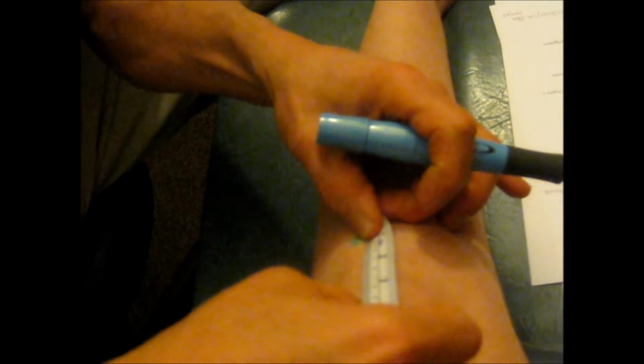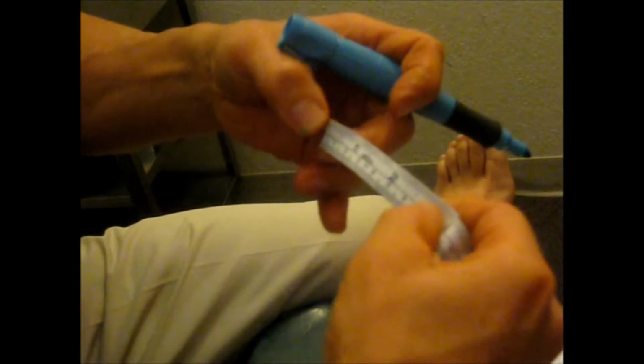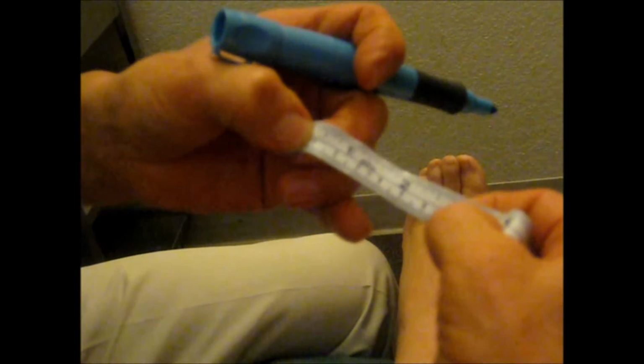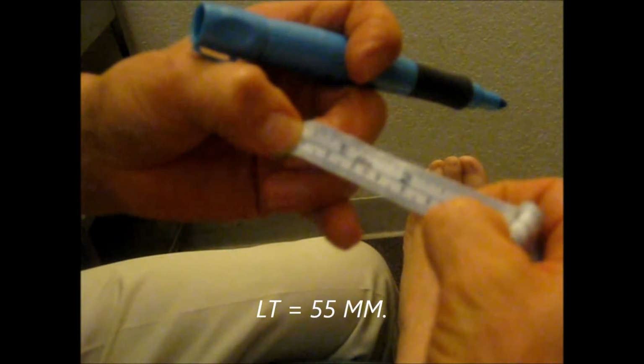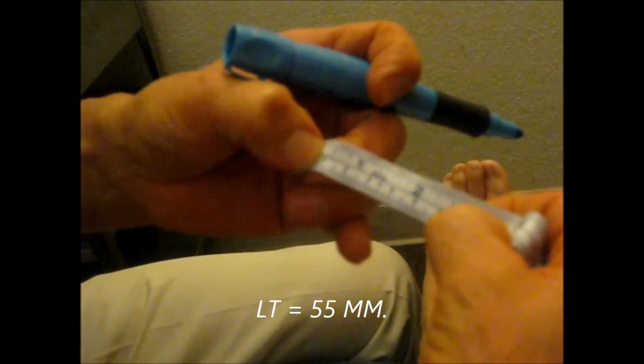Okay, so our measurement from the tibial tubercle here to the inferior pole of the patella here is 55 millimeters. From 1 millimeter to 65 millimeters is 55 millimeters.